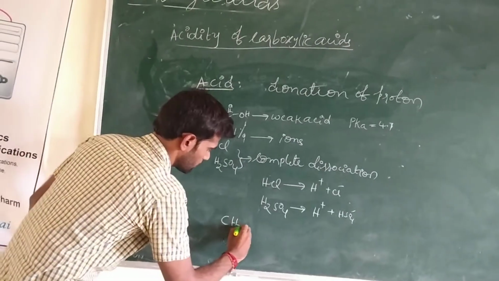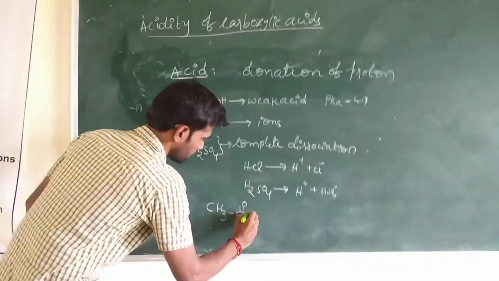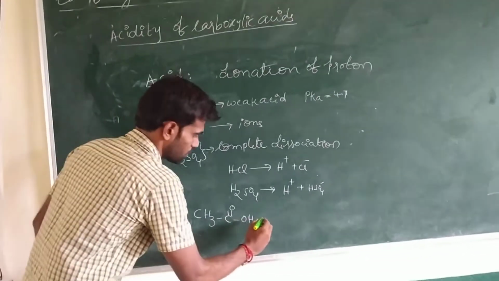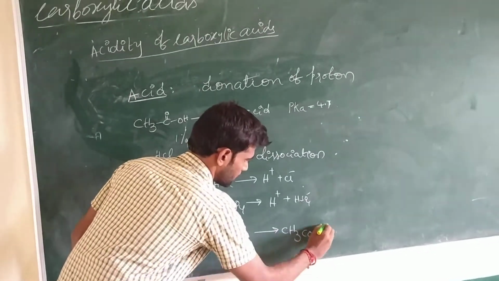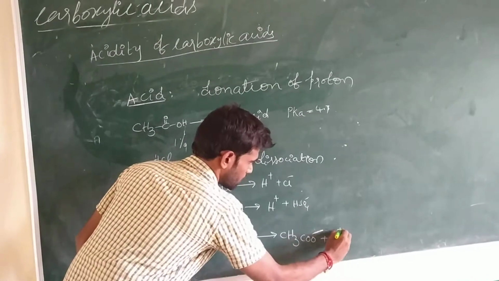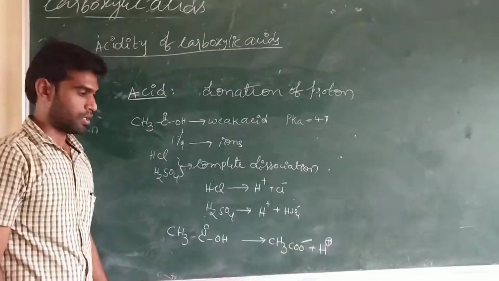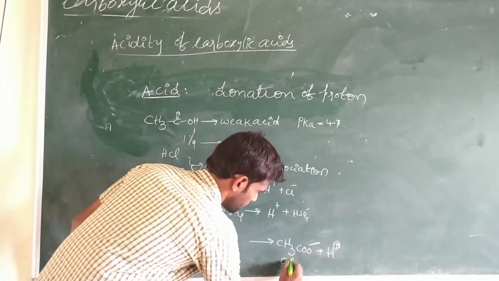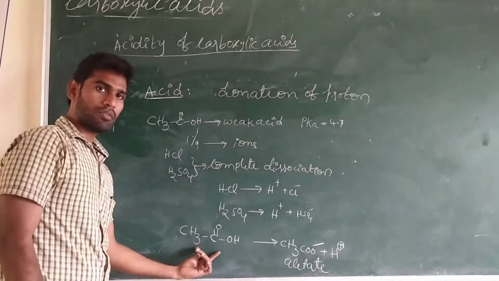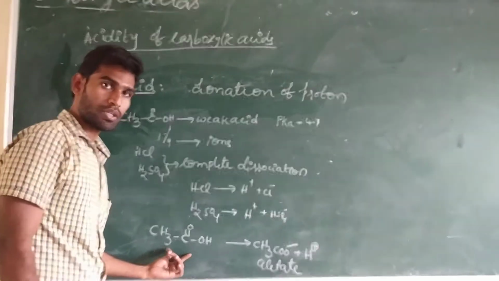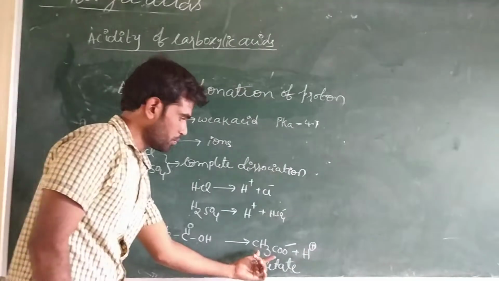Acetic acid dissociates into the acetate ion plus the liberation of a proton. This is the acetate ion. So only 1% of the reactant gets converted into product.